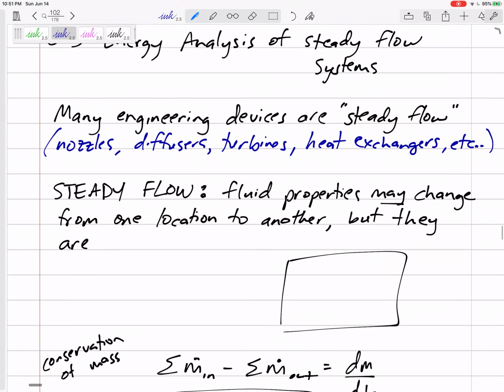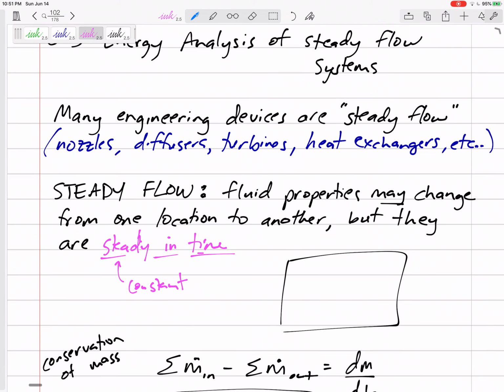Steady flow just means that the properties may change from one location to another. So the inlet might have different properties than the outlet, but they are steady in time. They are constant in time.